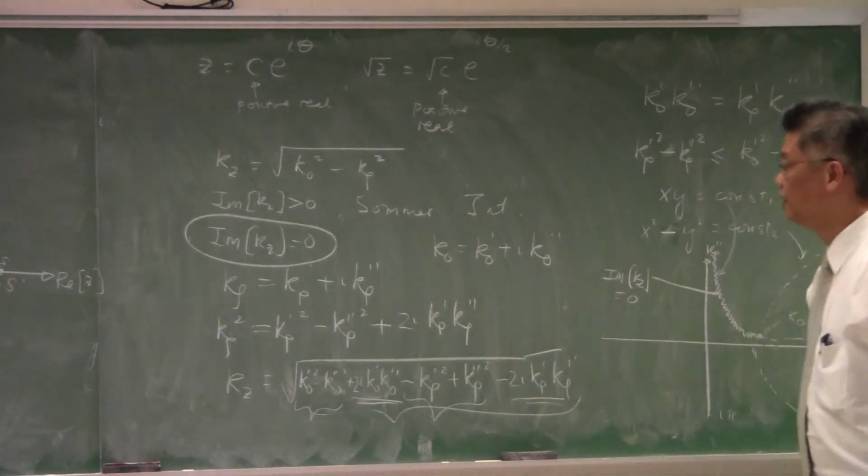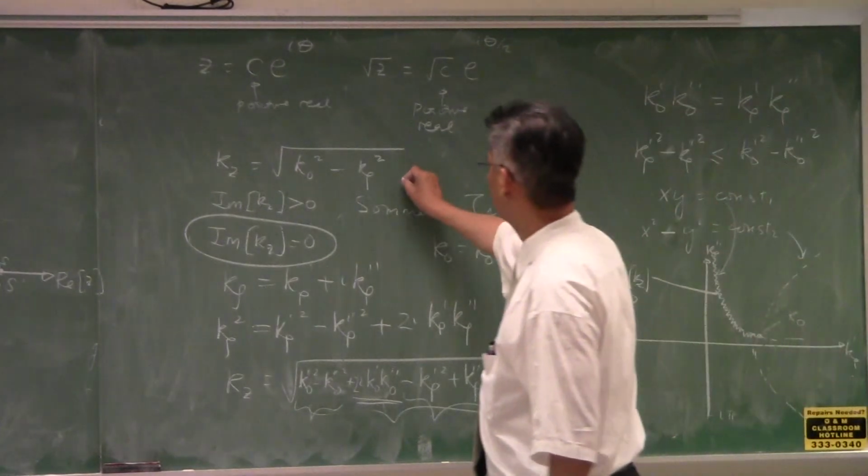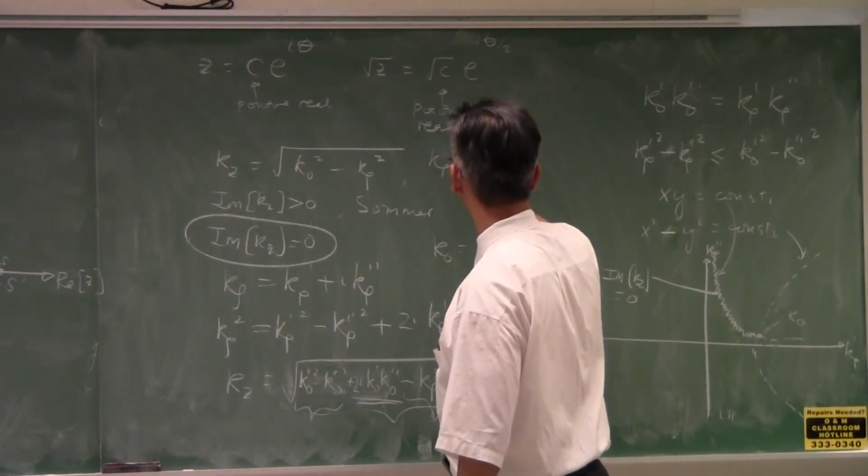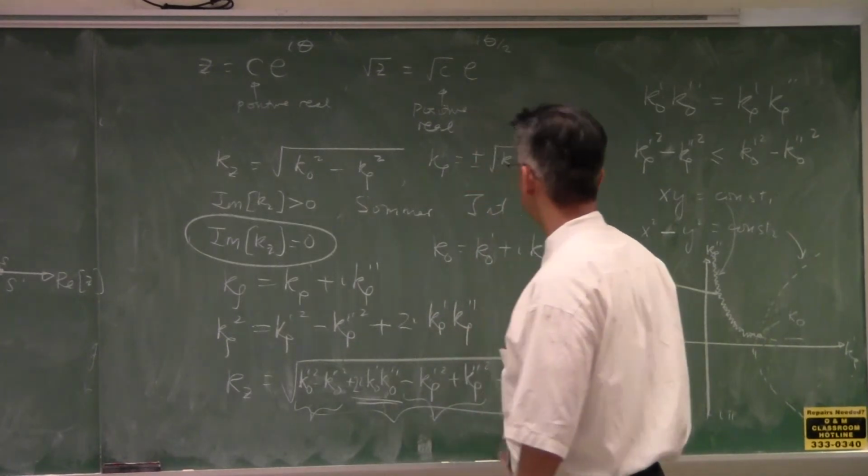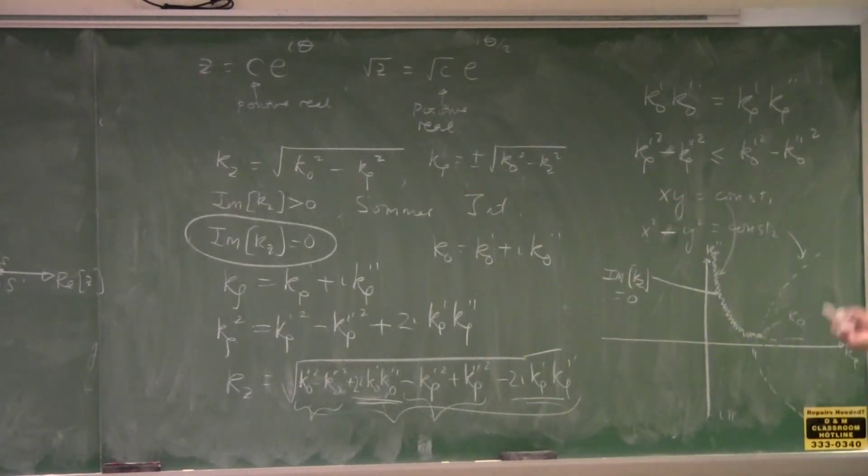But it turns out that this mapping is two-way. You can also show that k rho is equal to the square root of k0 squared minus kz squared. So for every value of kz, there are also two values of k rho, and for every value of k rho, there are two values of kz.